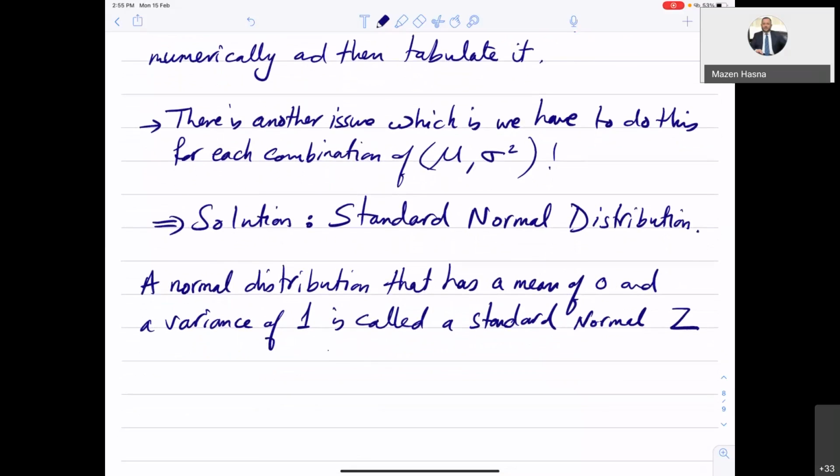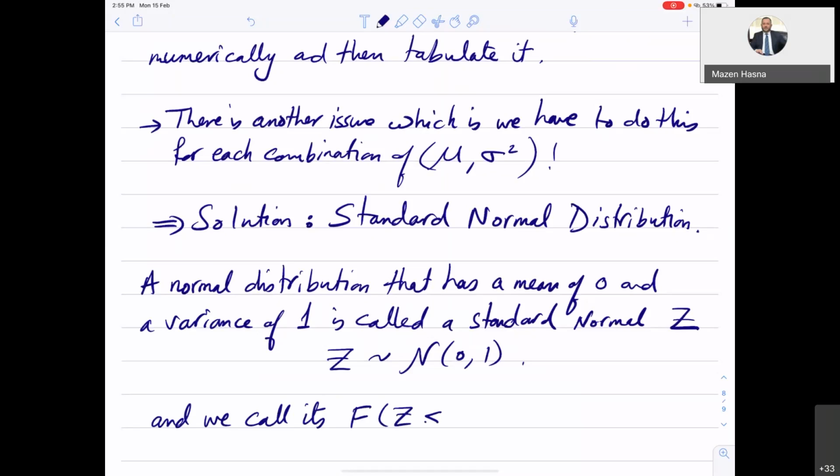So Z is normal of 0 and 1. And we call its CDF, F of Z less than z, phi of z.